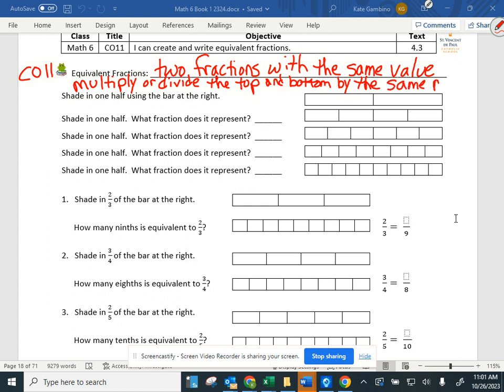Remember, that's called our scale factor. So multiplying the top and bottom by the same number, by that same scale factor. Key thing to remember when you're looking at equivalent fractions. So multiply or divide the top and bottom by the same number.